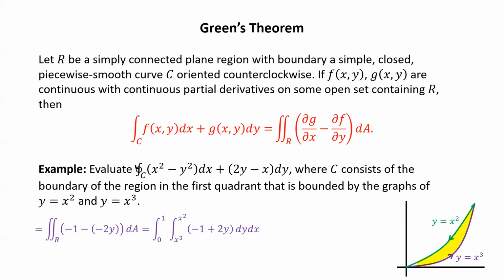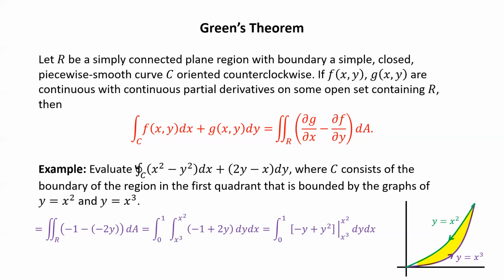That means that x is going between 0 and 1 because the curves y equals x squared and y equals x cubed intersect at the points (0,0) and (1,1). And y is going from the lower curve to the upper curve, that's y equals x cubed, to y equals x squared. Now we're ready to do this pretty straightforward double integral.